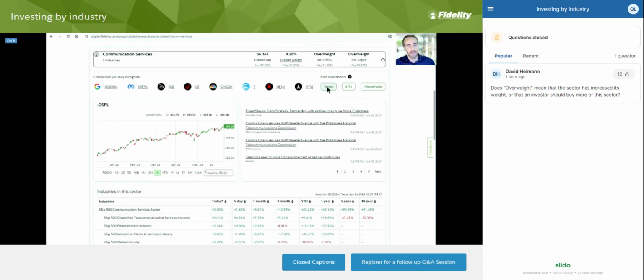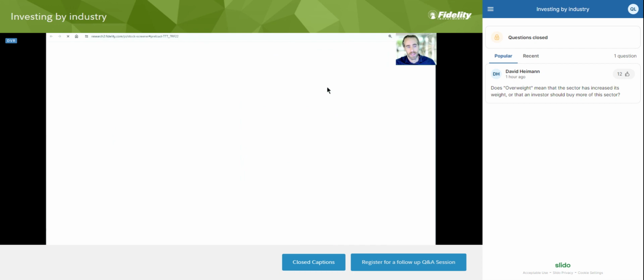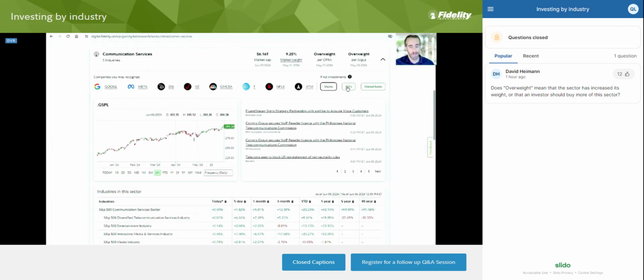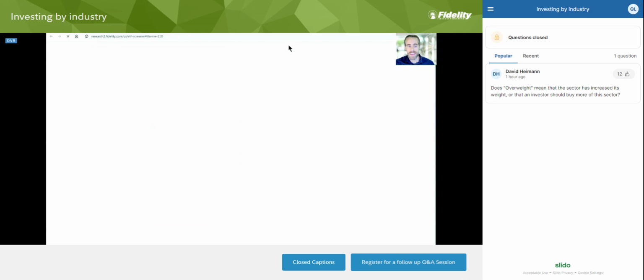Clicking on something such as stocks, it's going to then bring us directly to the stock screener. And what's nice about it is that it's going to get you ready to start diving into, in this case, the communication services. We could click on ETFs. It's going to bring us directly to that ETF screener.